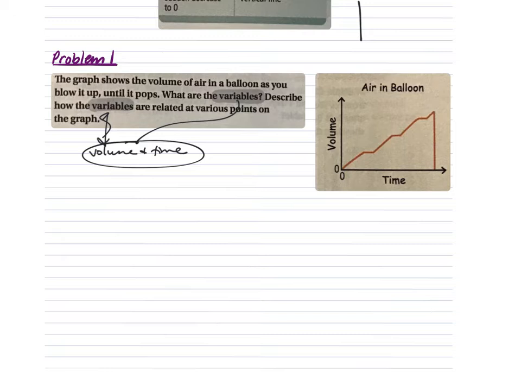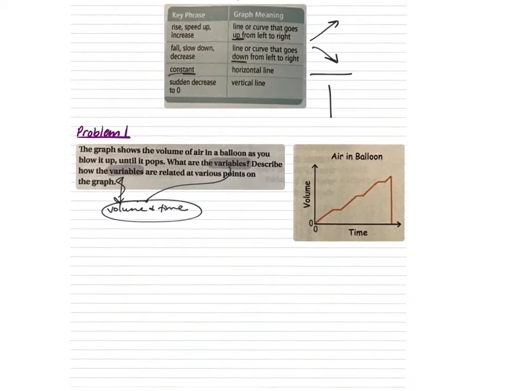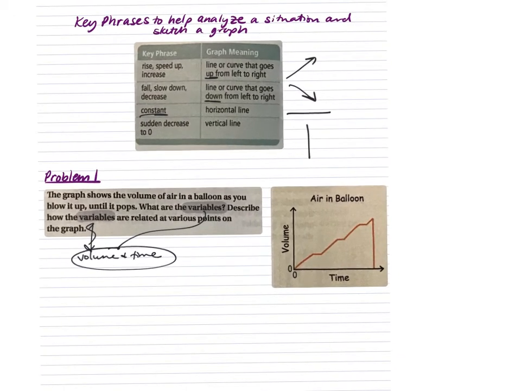So here we can see, and if we look back up here, this part of the graph is an increase. So from here, the volume is going up. And that's the same here and here and here, right? So if you think about air in a balloon, as it's blowing up, someone is actively blowing the balloon on all these green spots.